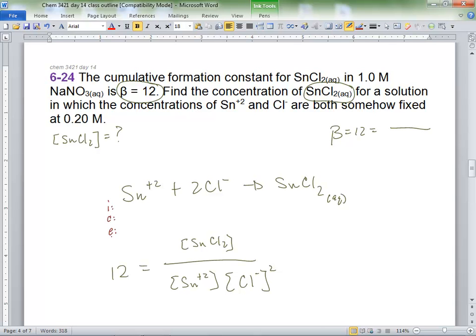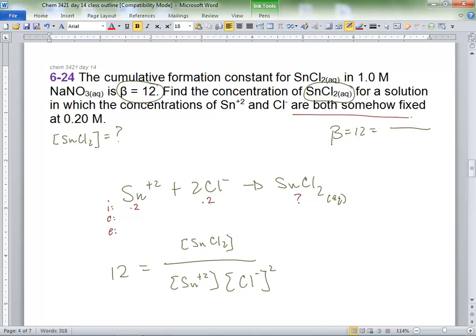Okay? So what do I have there initially? For the tin, what would you write? 0.2. And then what else? For the chloride, you have 0.2. And the tin 2 chloride? We don't know, right? Now, you want to be careful.